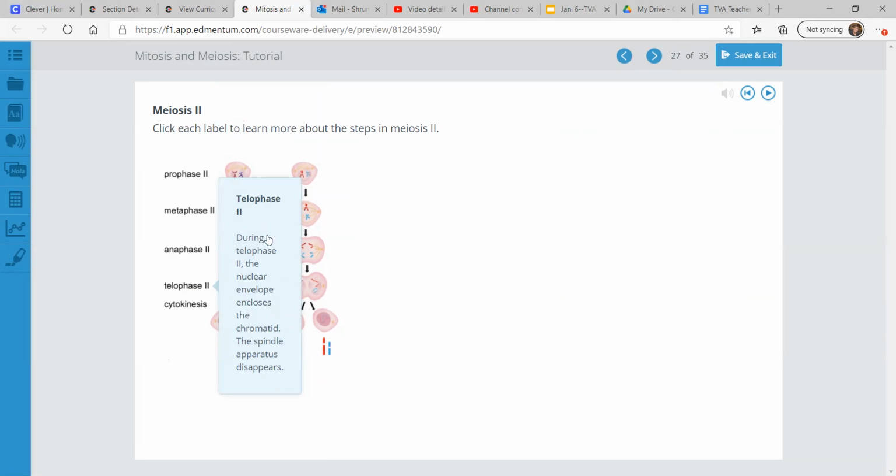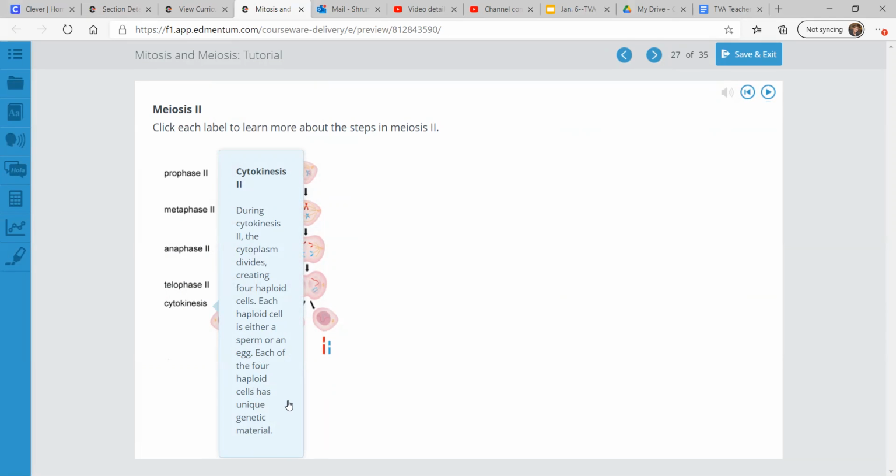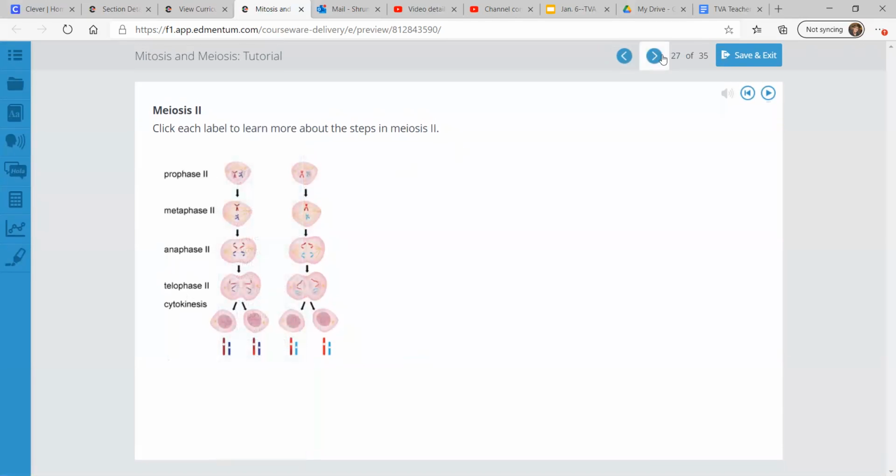And then you have the telophase. The nuclear envelope encloses the chromatid, the spindle apparatus disappears, and cytokinesis is when the cytoplasm divides, creating 4 haploid cells. Each haploid cell is either a sperm or an egg. Each of the 4 haploid cells has unique genetic material.